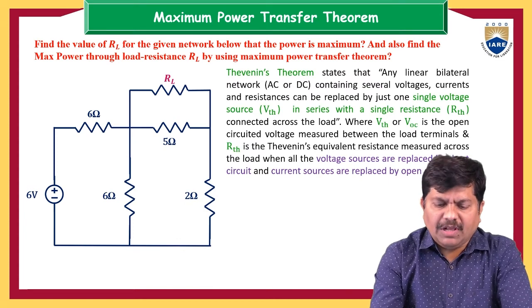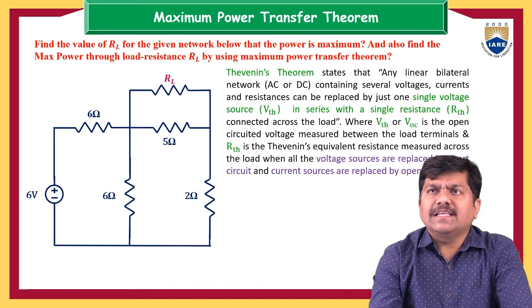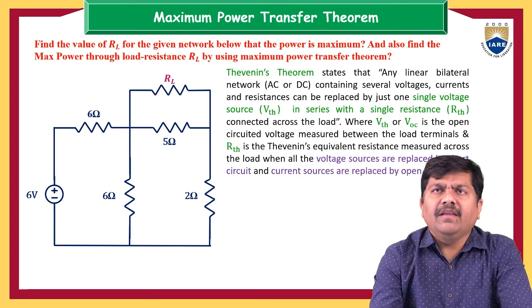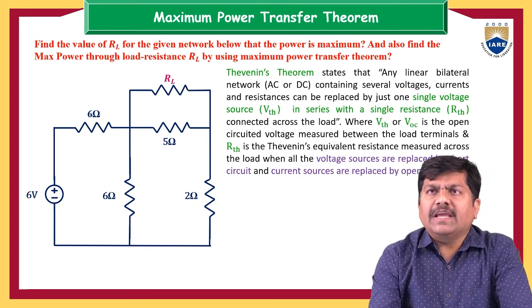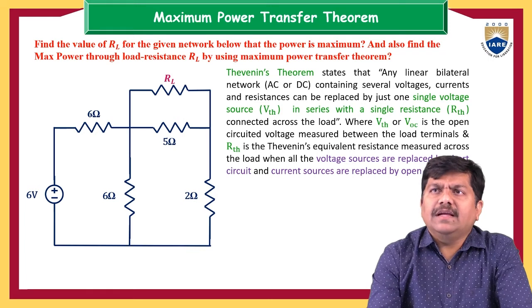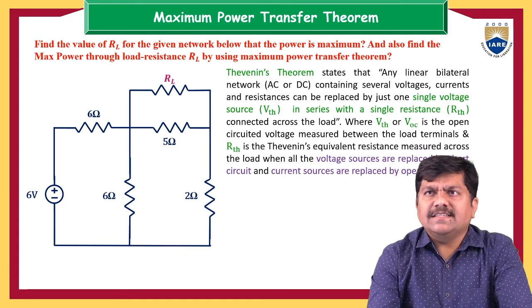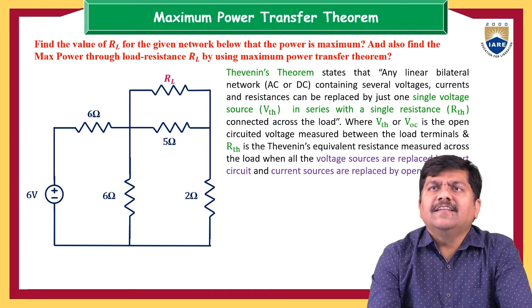So just now also we have discussed Thevenin's theorem; the equivalent of Thevenin's theorem is required. Now for better understanding, for handy information, we can define Thevenin's theorem: any linear bilateral network containing several voltages or currents and resistances can be replaced by just one single voltage source, that is VTH, in series with a single resistance RTH connected across the load.